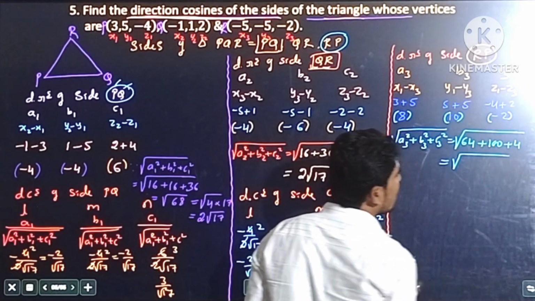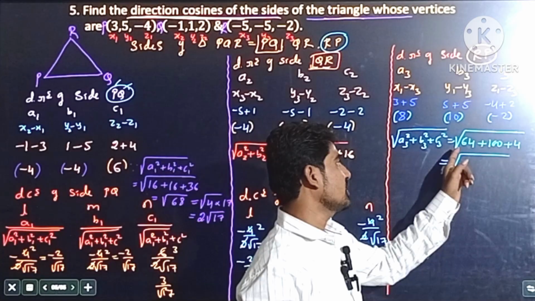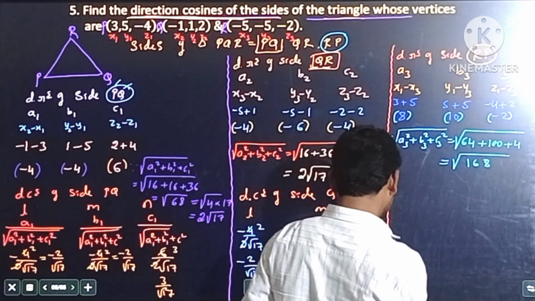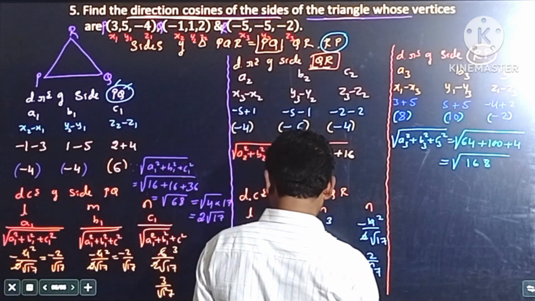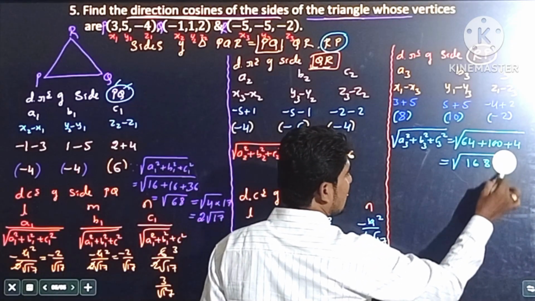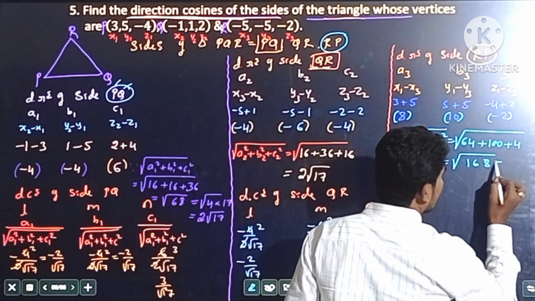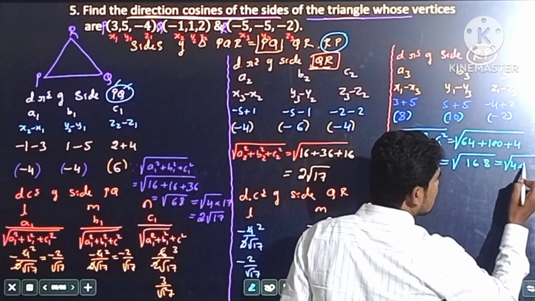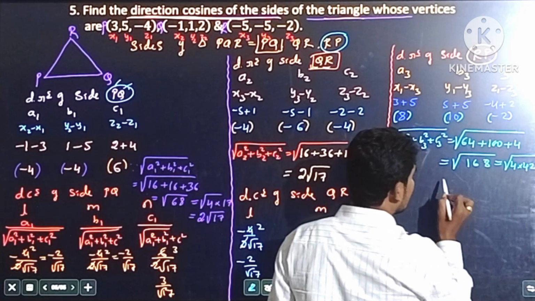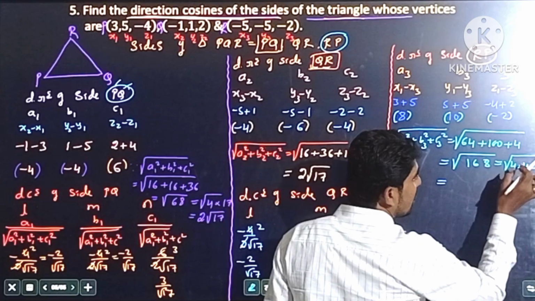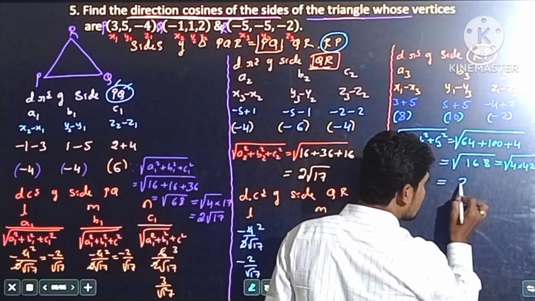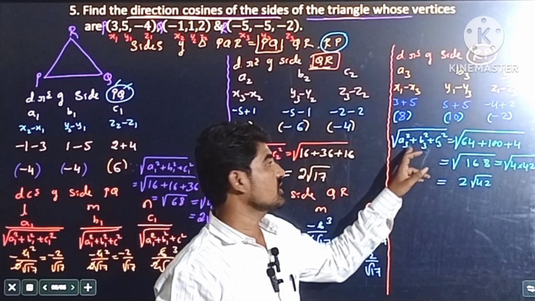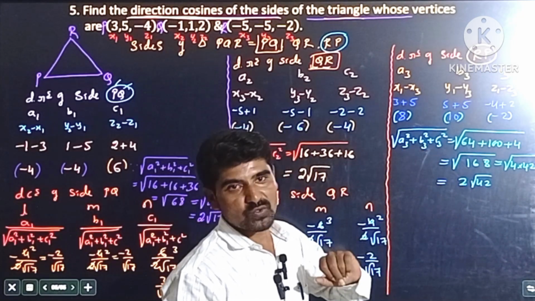That equals square root of 100 plus 64 is 164, 164 plus 4 is 168. Now this 168 can be written as square root of 4 into 42, since 4 fours are 16 and 4 twos are 8. Square root of 4 is 2, into root 42 as it is. Therefore the value of square root of a3 square plus b3 square plus c3 square is 2 root 42.